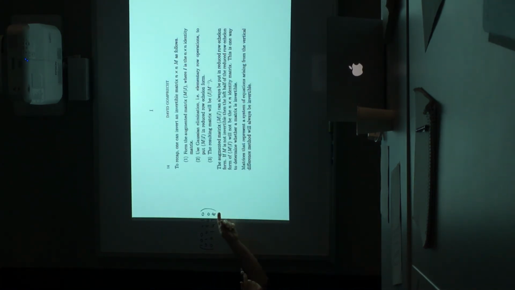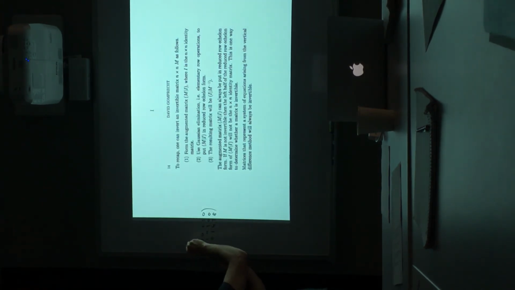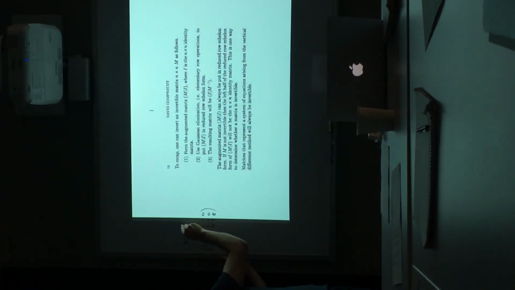Something like that. So this is in reduced row echelon form. There's pivot, pivot, pivot, zeros above it, and all that. And look, we've turned our M I into I and something, so that something has to be M inverse, right?